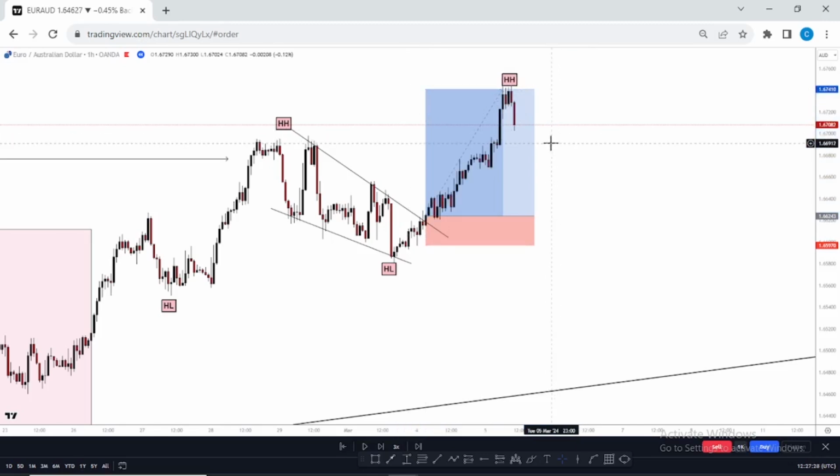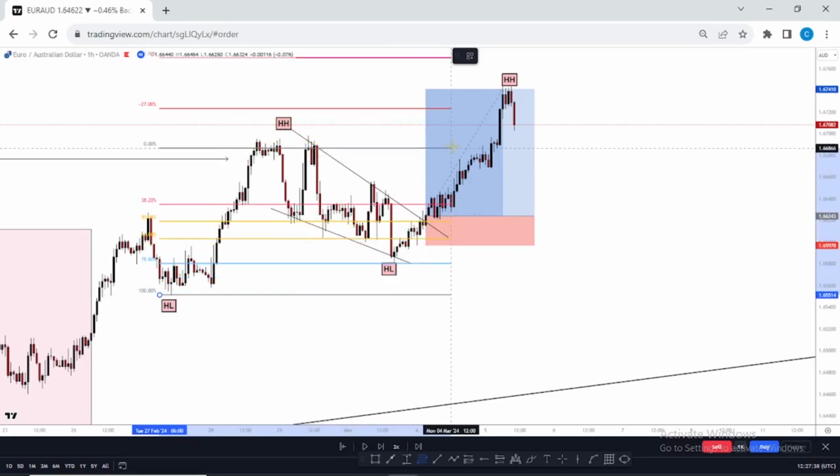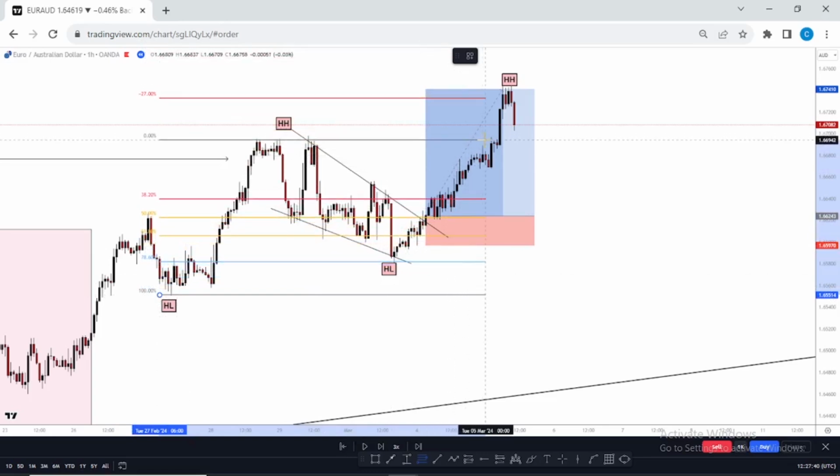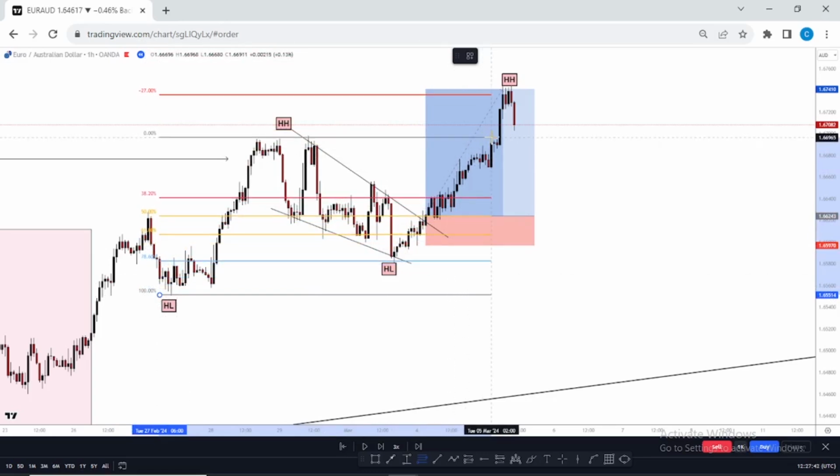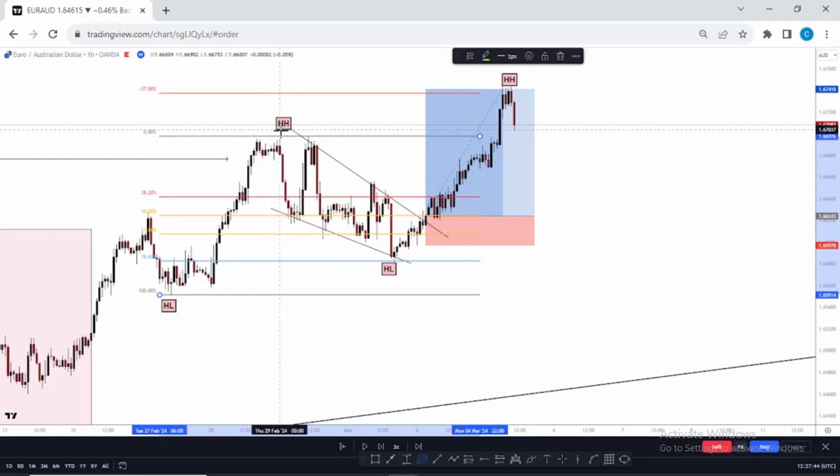How did I even get my take profit? This is where my Fibonacci comes in. All I did was take my Fibonacci, drop from point A, which is this previous higher low right here, and drag all the way up to point B, which is my previous higher high right here, and my point C, which is our current higher low.